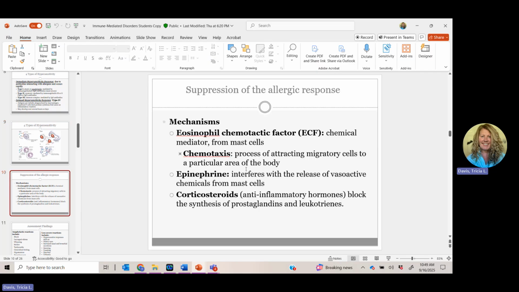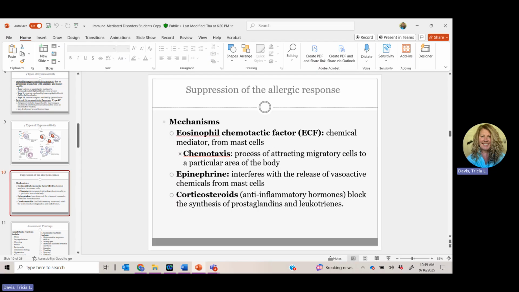All right, so what do we have as far as being able to suppress allergic responses? So we have something called an eosinophil chemotactic factor, which is our ECF, and this is a chemical mediator, and this comes from the mast cells in our body. And what happens is we have this process called chemotaxis, and this is where the body attracts these migratory cells to a particular area of the body to try and stop this process.